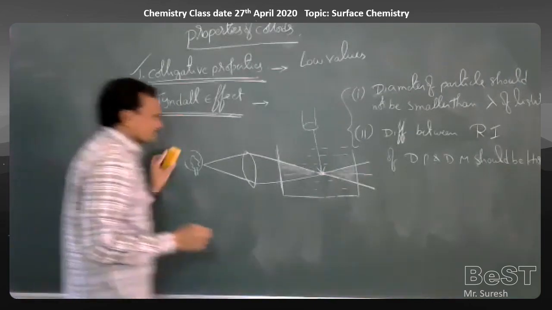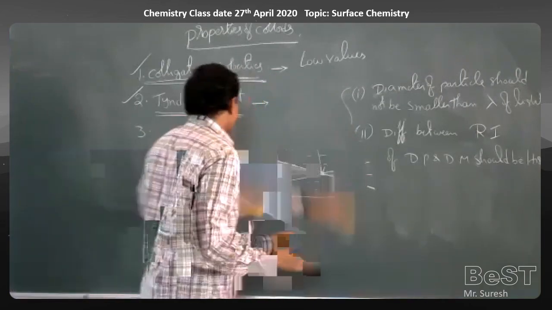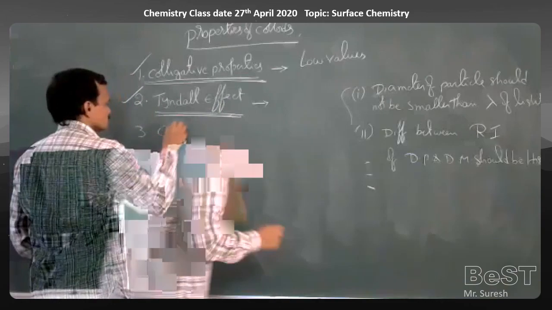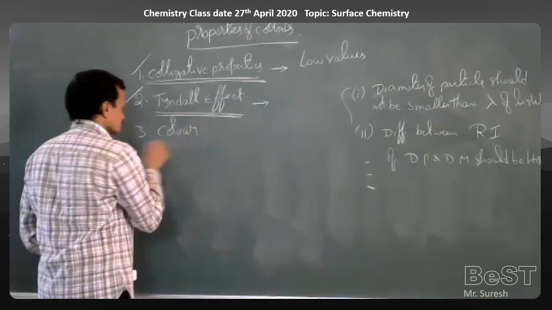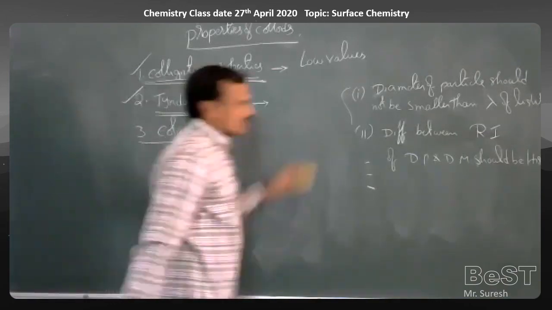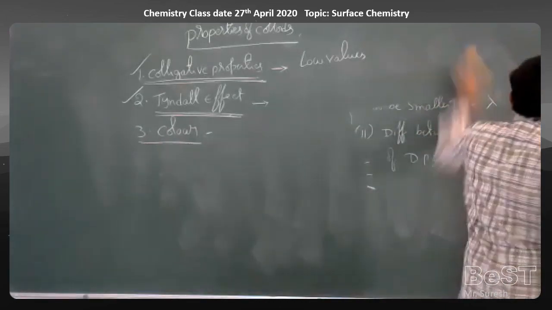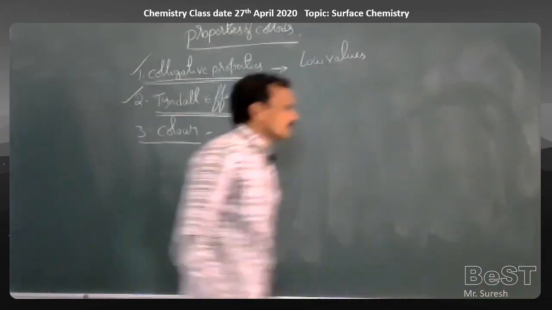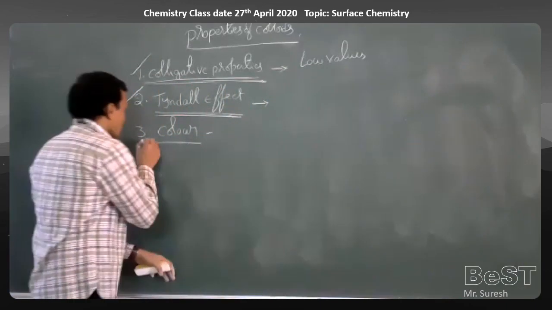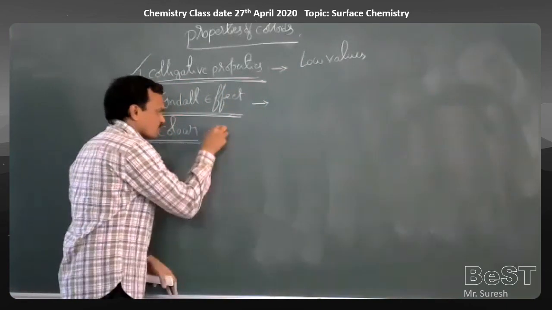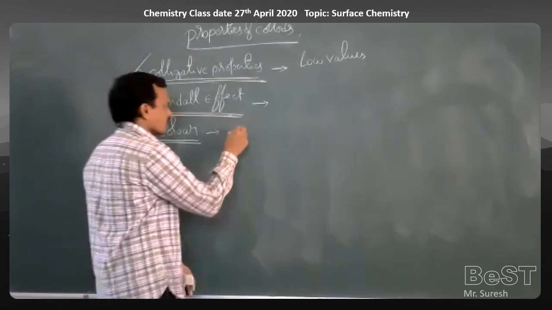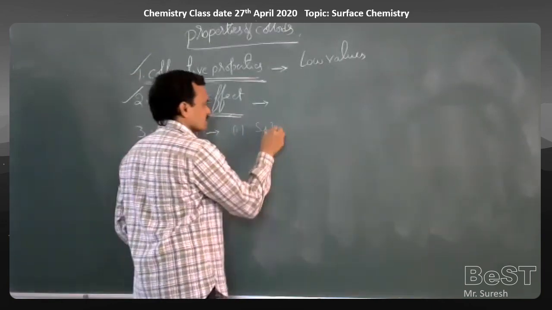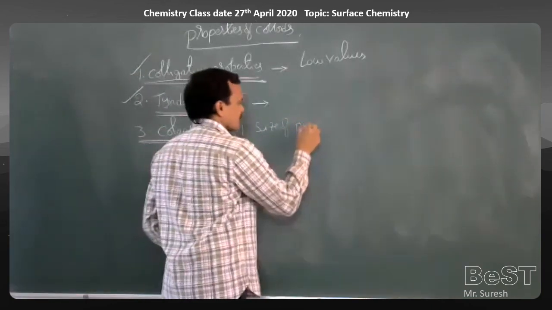Come to the third one, color. Color of colloidal solutions. See, the color of a colloidal solution depends on two factors. One is the size of the particle.